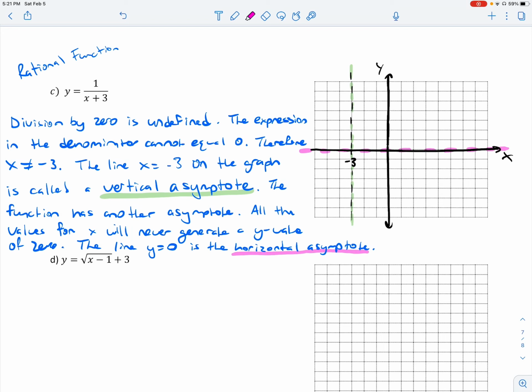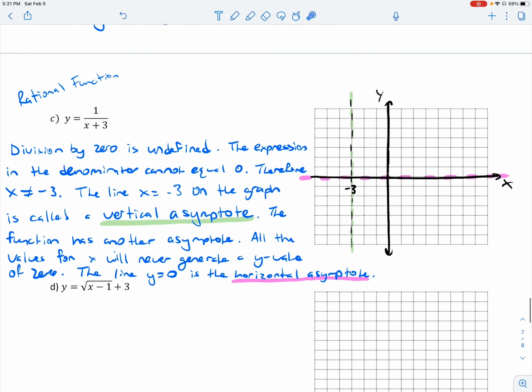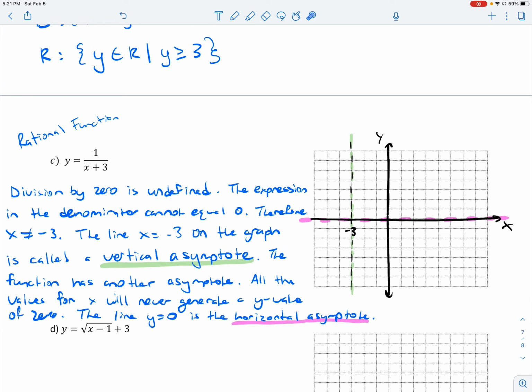Okay, so what I've done here is I've not drawn anything for this yet. I've only shown what it can't be. Okay, so x can't be along here at -3, and y can't be along here at 0. Let's go ahead, let's state our domain and range.